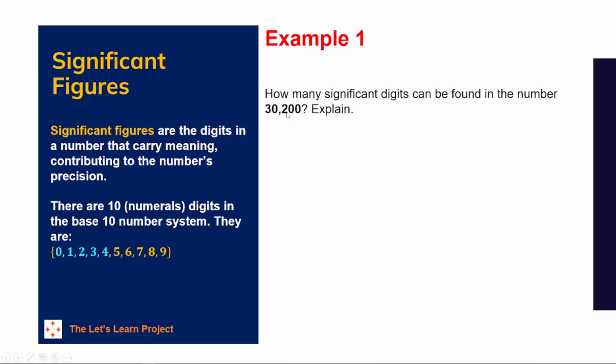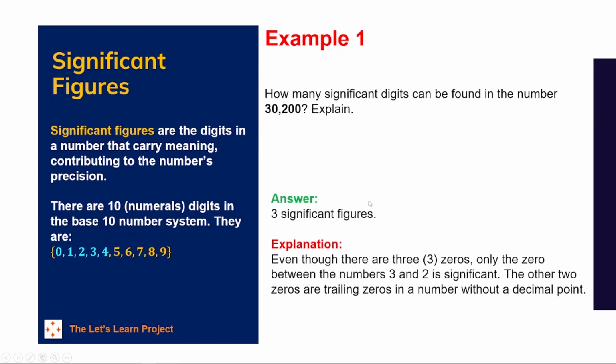But the zeros to the right of 2, because they are trailing zeros and there is no decimal point, are not significant. As a result, the number 30,200 has 3 significant figures. So even though there are 3 zeros, only the zero between the numbers 3 and 2 is significant. The other 2 zeros are trailing zeros in a number which has no decimal point.